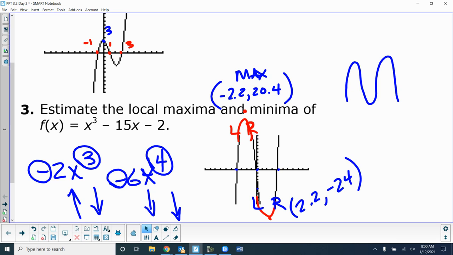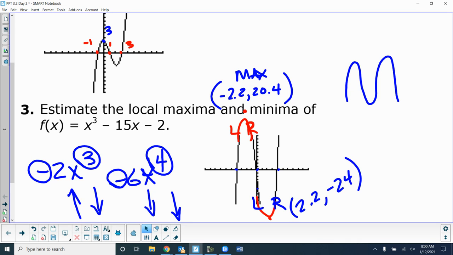Number 6, far left is up, far right is up. Because it was positive and even. Wasn't in the right order, you had to put x to the 4th first. And number 8, it's a negative, so the far right's going down, and it was even, so the far left's going down.